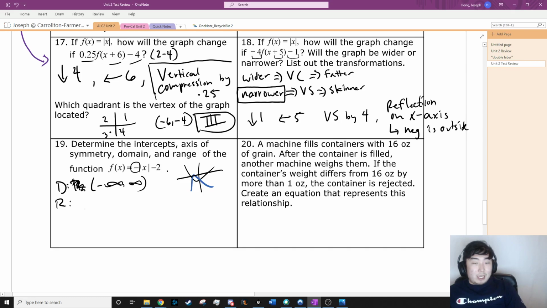So my range is actually going towards negative infinity because my arrowheads are going southeast and southwest. So I'm going towards negative infinity, and the tallest y value I have is this right here. My tallest y value or largest y value is -2.